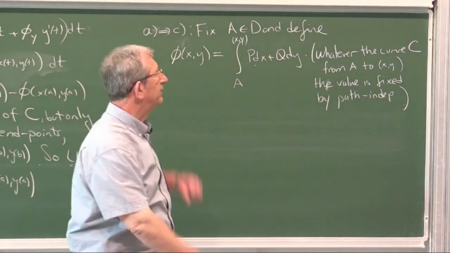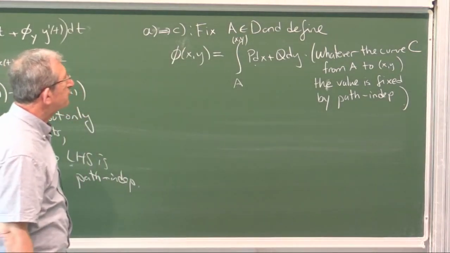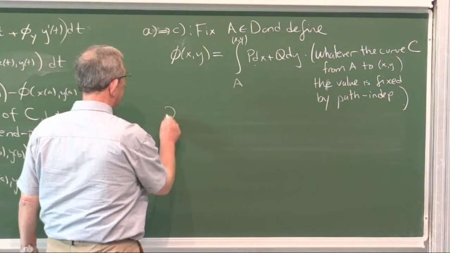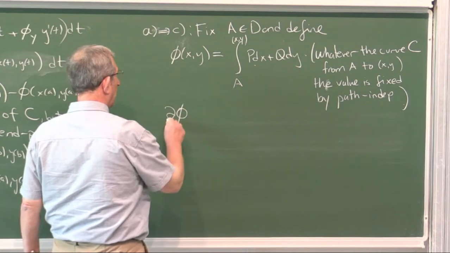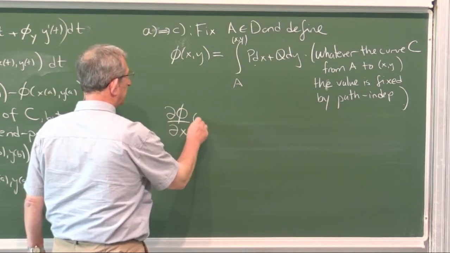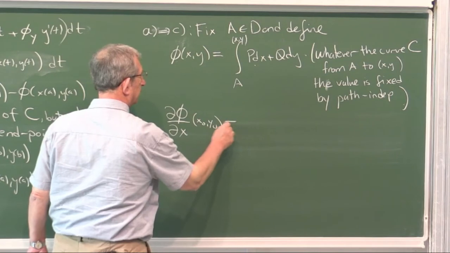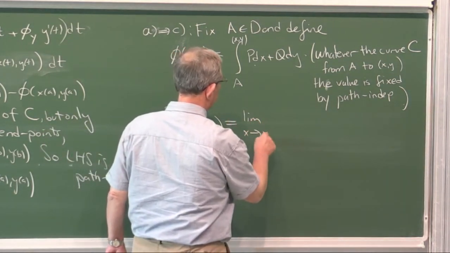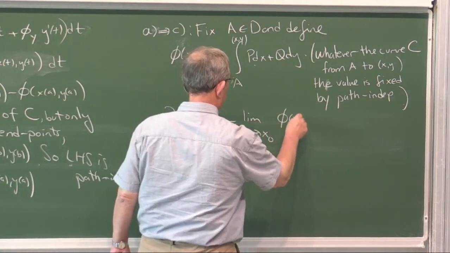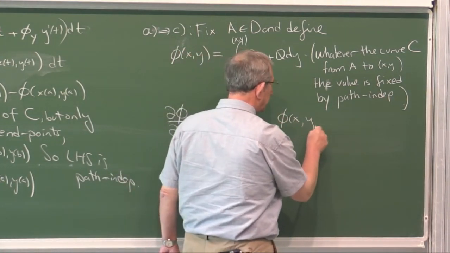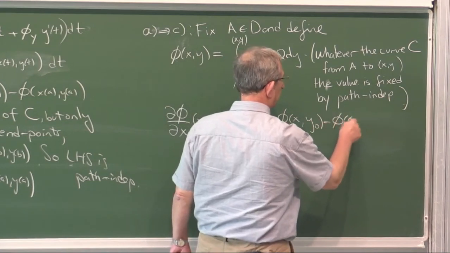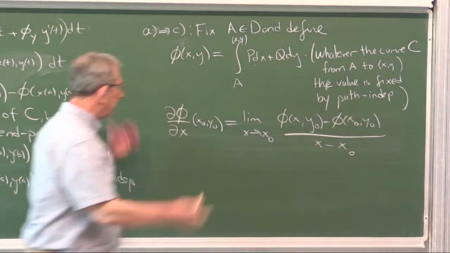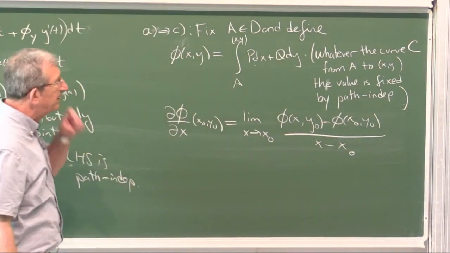It's well defined. Now, let us calculate the derivative of phi at (x0, y0). By definition, this is the limit as x goes to x0 of phi of (x, y0) minus phi of (x0, y0), divided by x minus x0. That's the partial derivative definition.